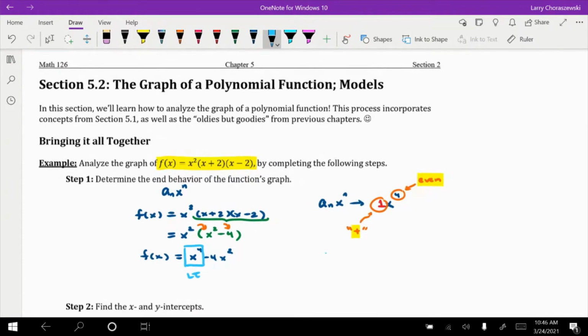The end behavior would be such that both ends point up. Okay, do you guys recall that from the table from the last section? All right. I'll include 1x to the fourth as well.